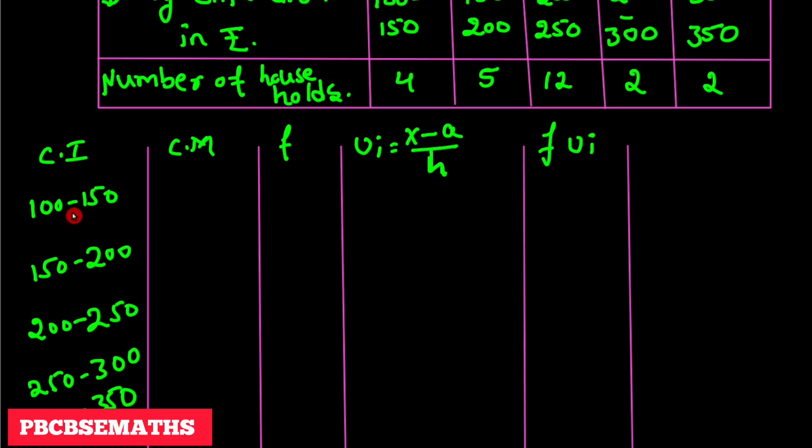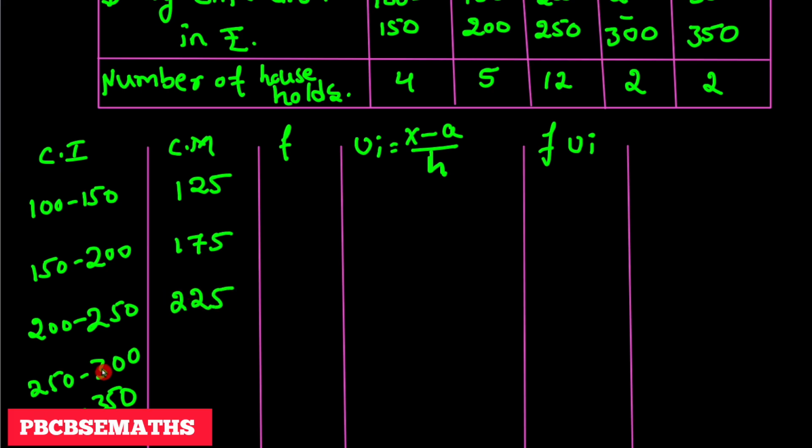Now we have the class intervals. Let's write the class marks. Class marks can be calculated by adding the upper limit with the lower limit, then dividing it by 2. 100 plus 150, that is 250, divided by 2, that is 125. Here 150 plus 200, that is 350, divided by 2, that is 175. Here it is 225.